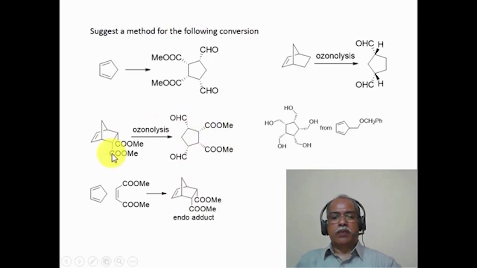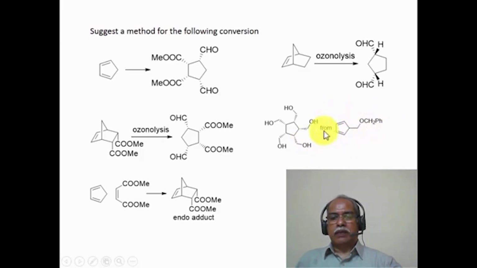One can use this strategy in an analogous manner to synthesize this particular molecule. In other words, all-cis pentahydroxymethyl cyclopentane as the target molecule, starting from this as the Diels-Alder diene component. So please think about this problem very carefully and try to identify the starting materials that are necessary.